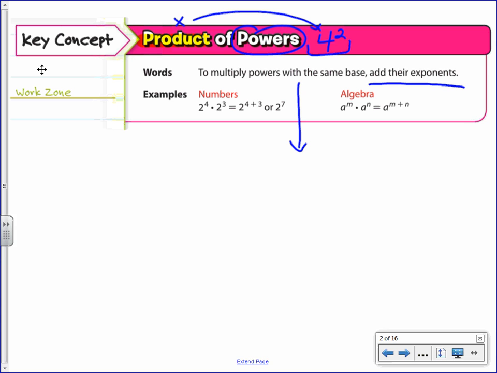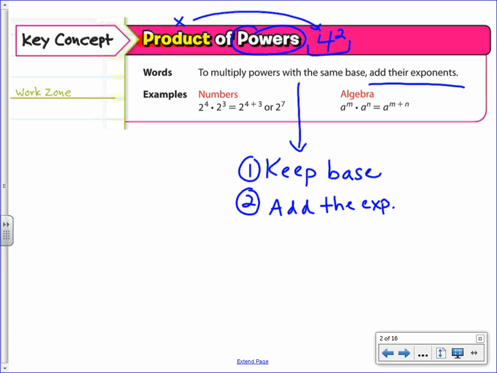In your notebook, I added number 1, keep the base, because this book doesn't say anything about what to do with the base. So first step is keep the base. Second step is add the exponents. Pretty simple, but there are so many rules that are easy to confuse that I want to make sure you're paying attention and understanding.